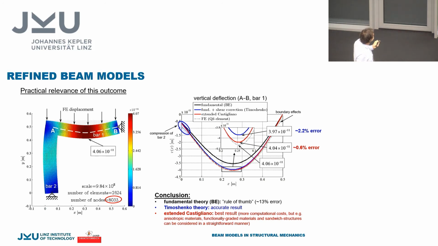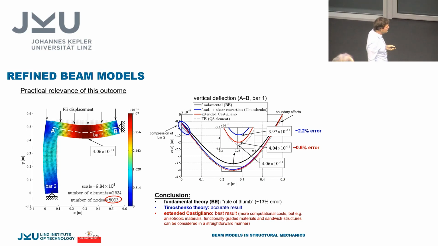So this is just a more practical example. And we also find that this extended method that was created in this project yields the best result. The computational costs are a little bit more, but they are better than the existing theories from the literature.